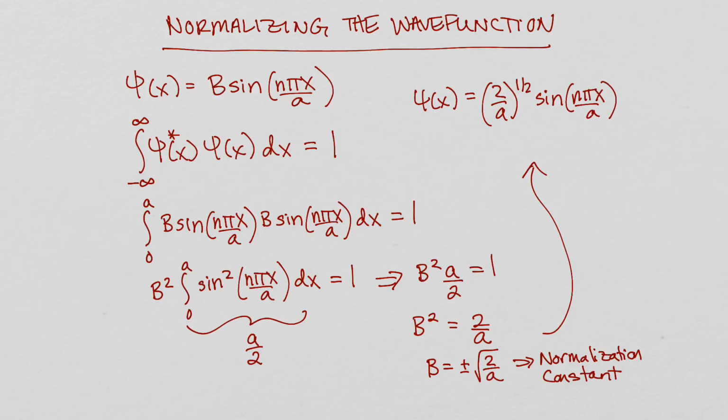You do get both the positive and negative roots there when you take the square root. Convention for us will be to just use the positive value when we're writing out our wave functions. So this ends up being our final particle in a box wave function.